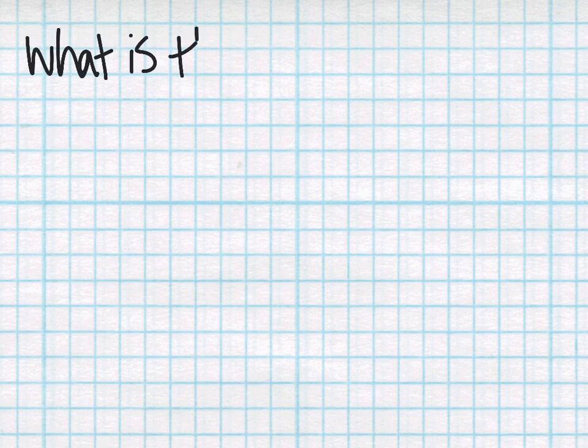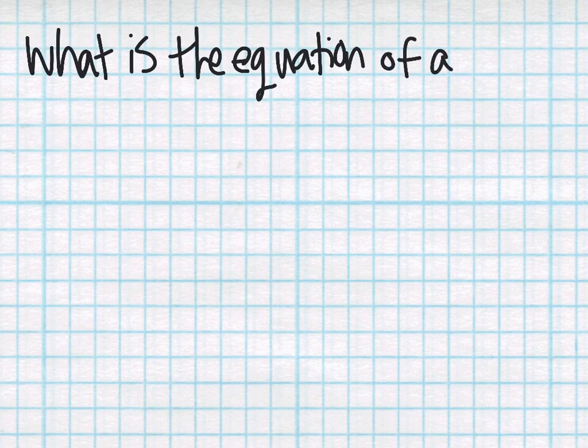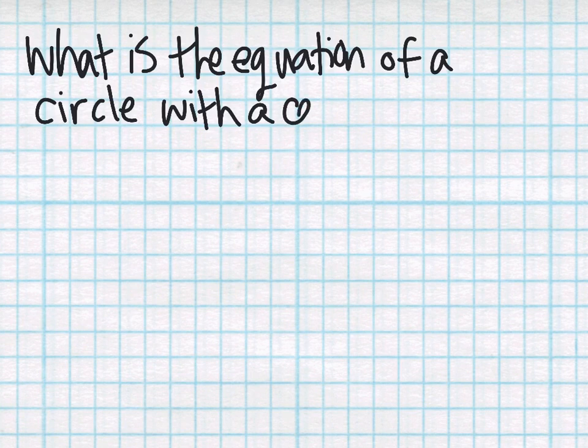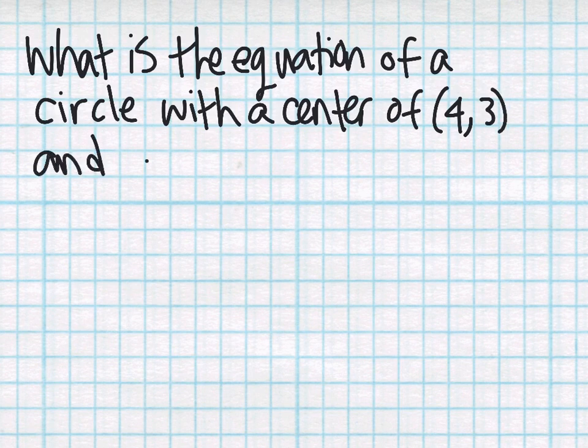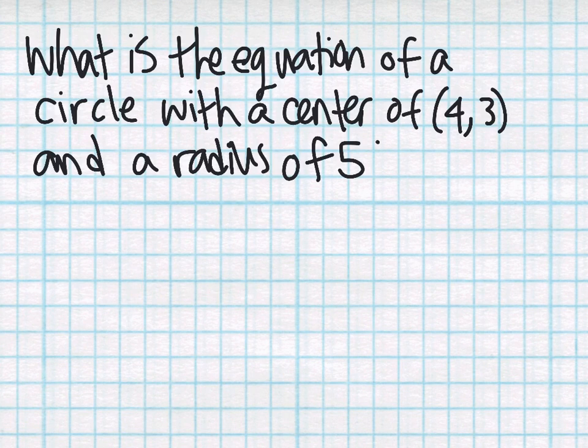So, what is the equation of a circle with a center of (4, 3) and a radius of 5.